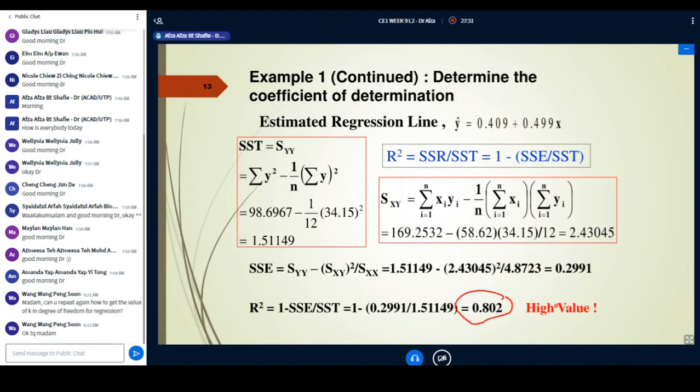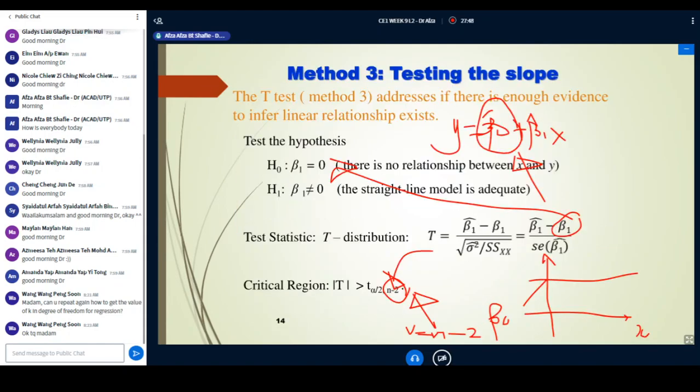This is your r squared, which is calculated from 1 minus SSE over SST. If you know the ANOVA, these values can all be calculated based on the formula. So that's the second test.